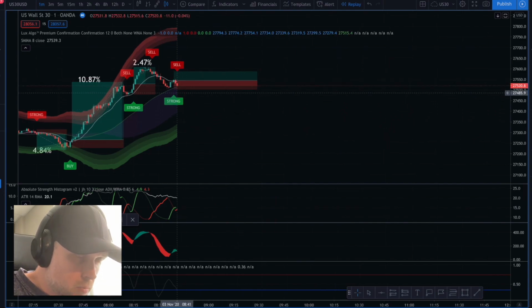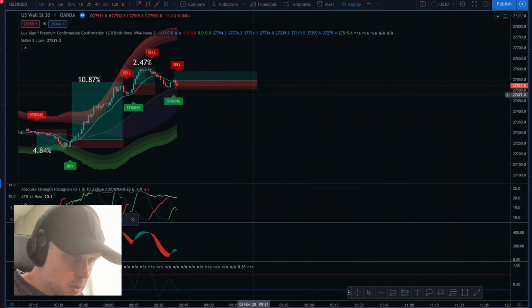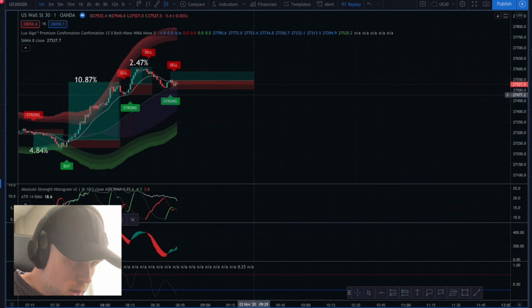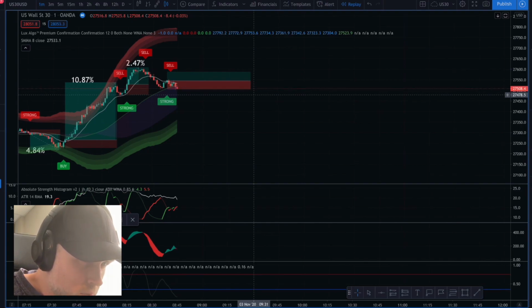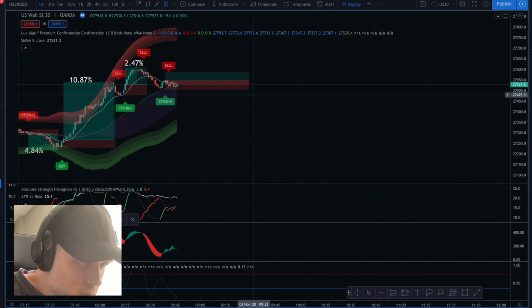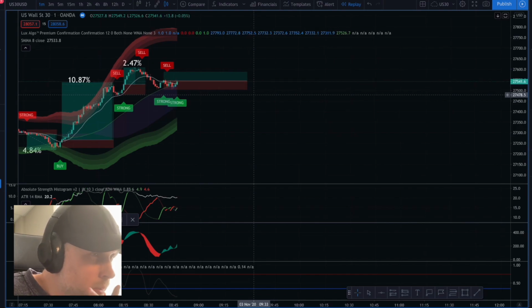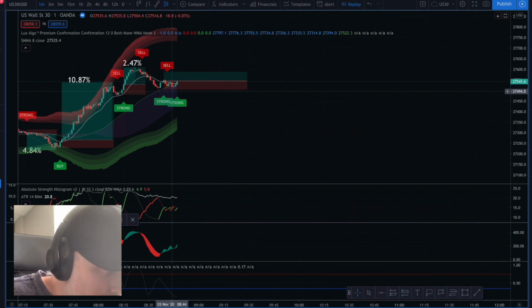Strength now in the bears. Volatility dropped down though to 36. Well, we'll see what happens here. Well, we're coming back up. Oh, there we go. That probably would have stopped me out, I believe. That one there looks like it would have stopped me out.